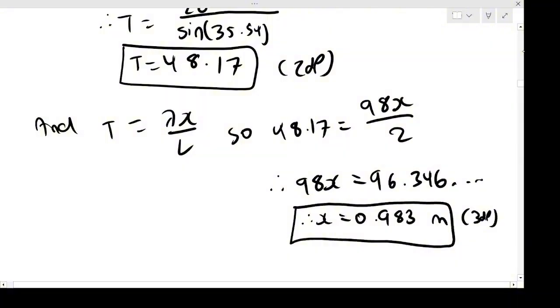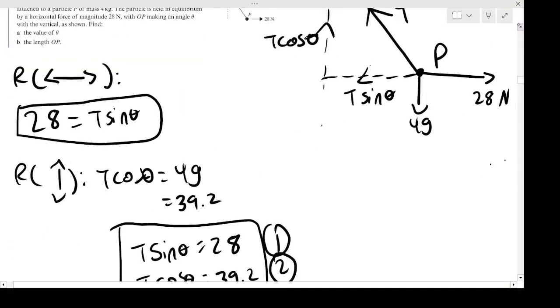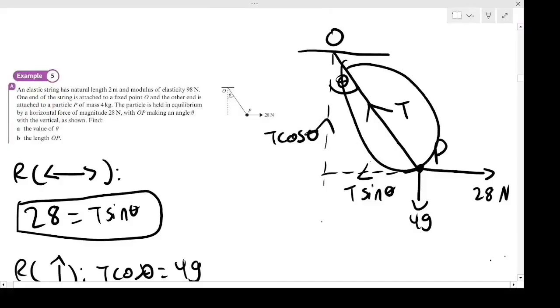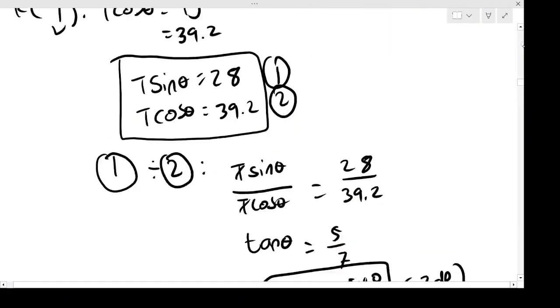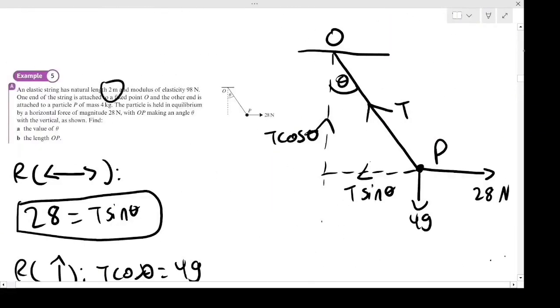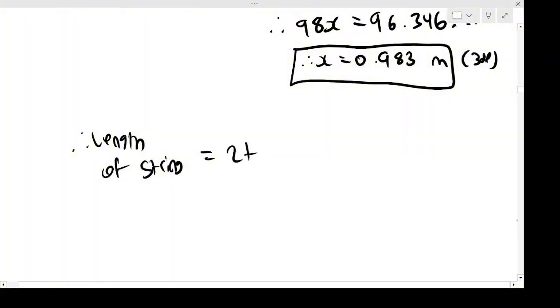But that's my extension. So the length of the string, which in other words is the length OP, is going to be the natural length added with the extension. The natural length is 2, so that's 2 add x, which is 2 add 0.983, which would be 2.983.